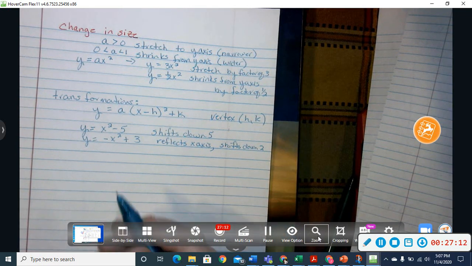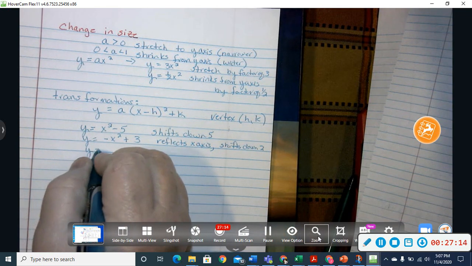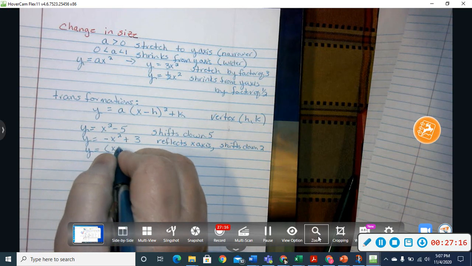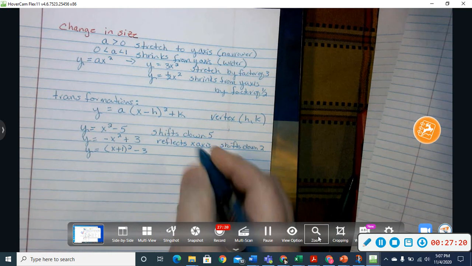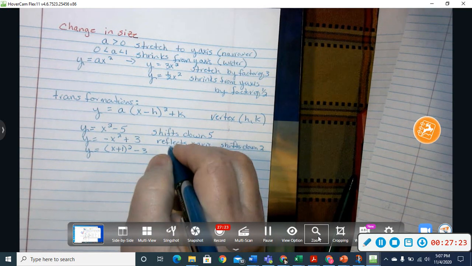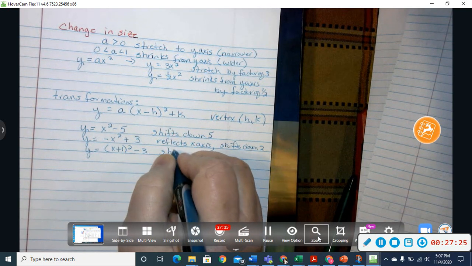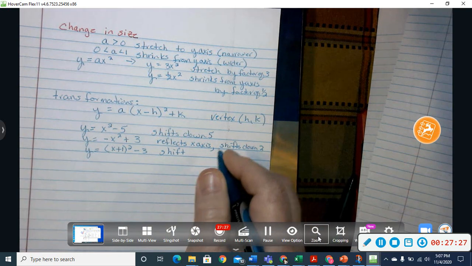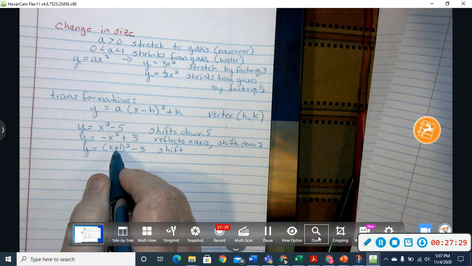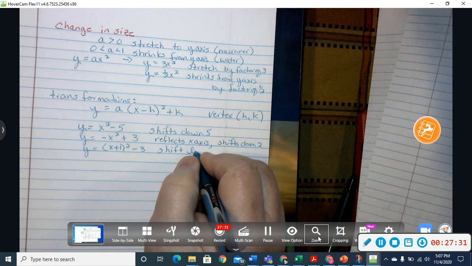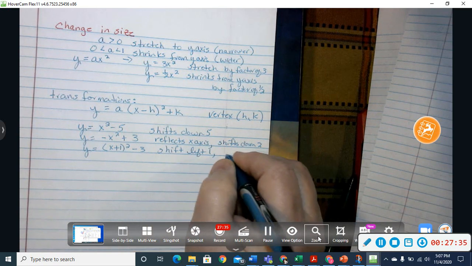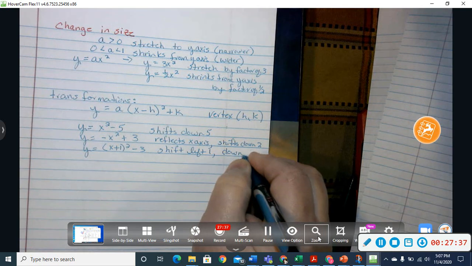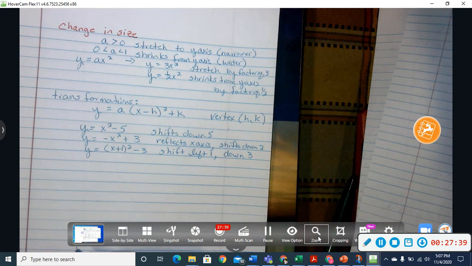If we had y equals x plus 1 squared minus 3, then this graph would shift opposite that sign. So it's going to shift left 1 unit, and it's going to shift down 3 units.